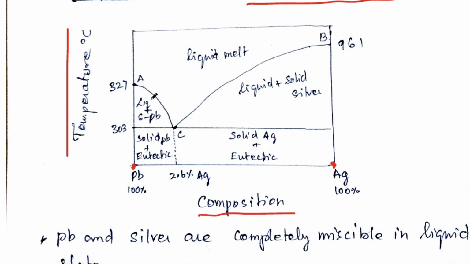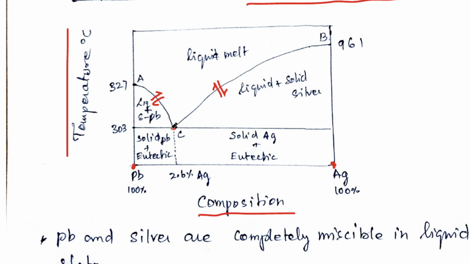Along the curve AC, the phases are liquid melt and solid lead, and these two phases will be in equilibrium. Along the curve BC, the liquid melt and solid silver will be in equilibrium. So there are two phases in equilibrium.